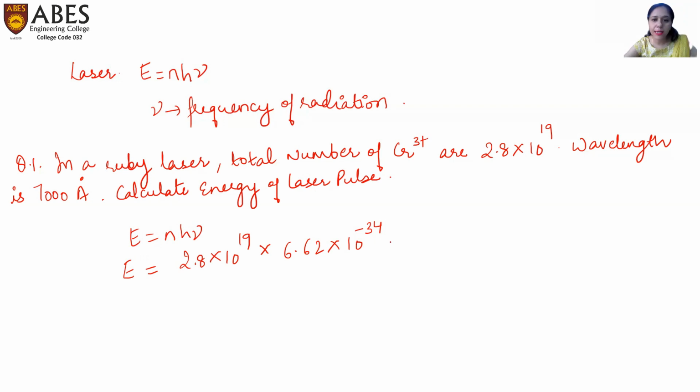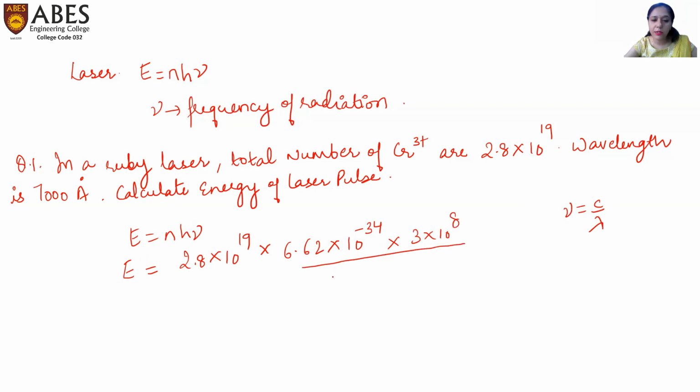And frequency is not given, but wavelength is given. So we all know that nu is c by lambda, so it will be 3 into 10 raised to the power 8 by lambda.